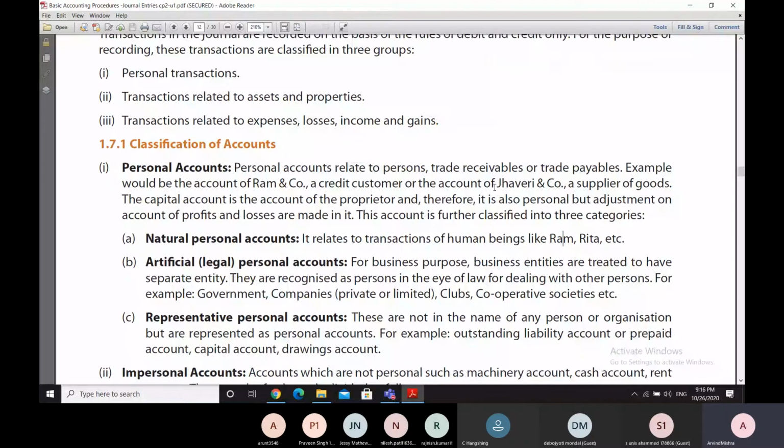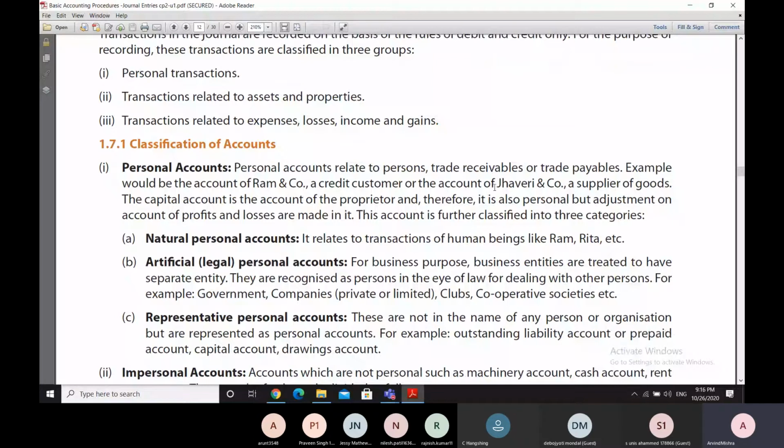For example, by the name of the account, they may not seem as if they are accounts of any persons, but there could be a number of persons involved in that account. For example, an outstanding liability account, where liabilities of a number of persons are grouped together, or a prepaid account, or a capital account, or a drawings account.